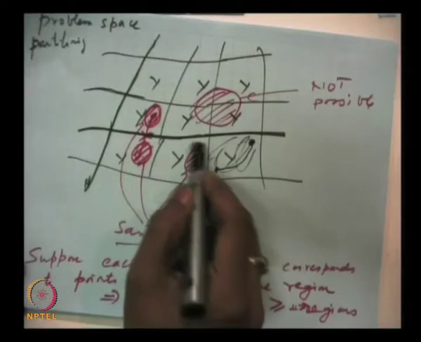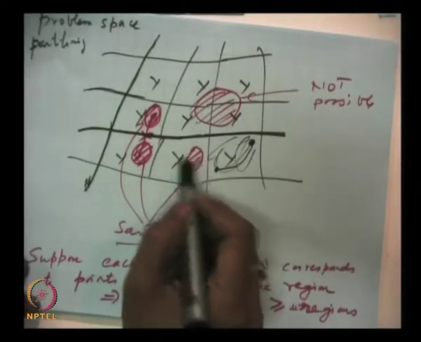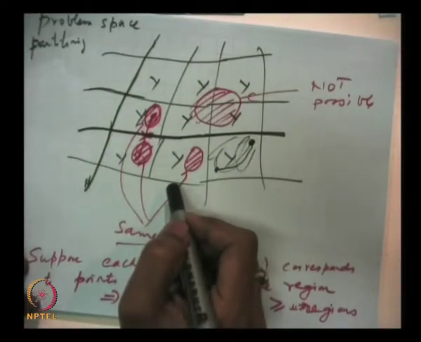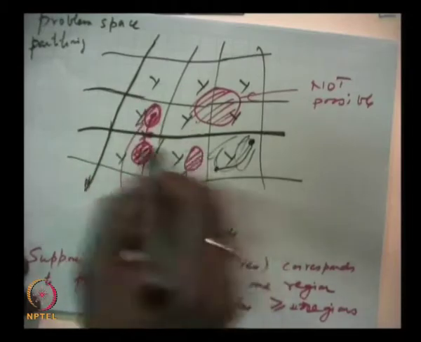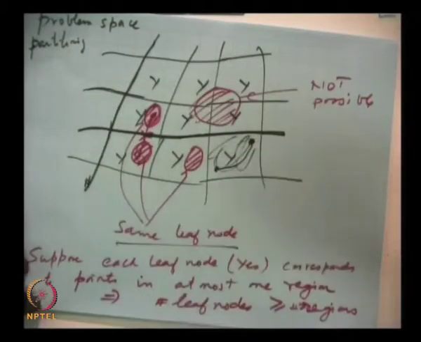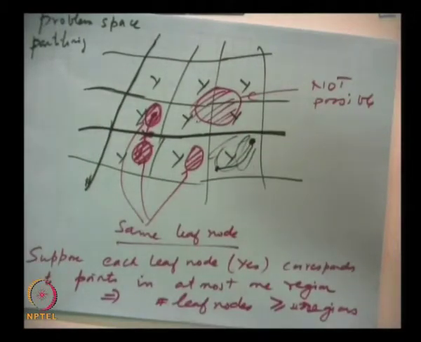So this kind of argument does not hold anymore, that whatever corresponds to a leaf node must lie within a single region. For the same leaf node, things could actually spread across, and then I can't claim that the number of leaf nodes must exceed the number of connected regions of the solution space.